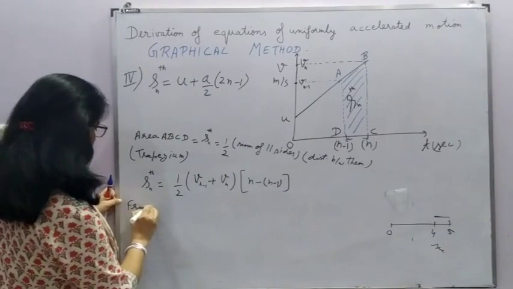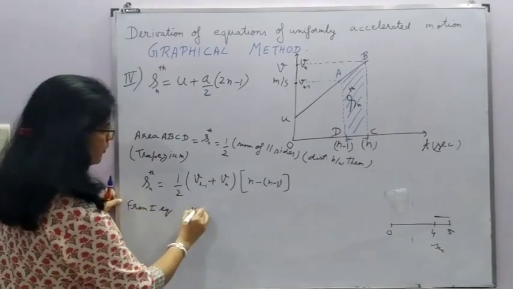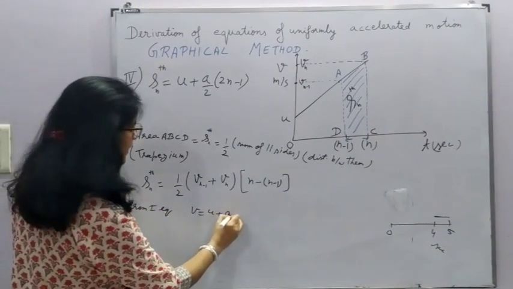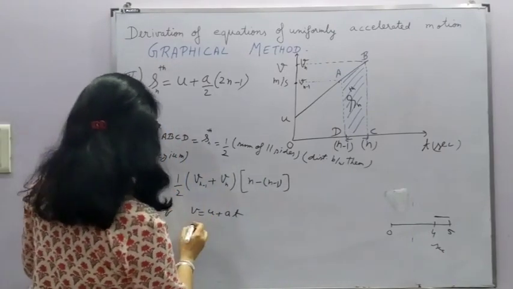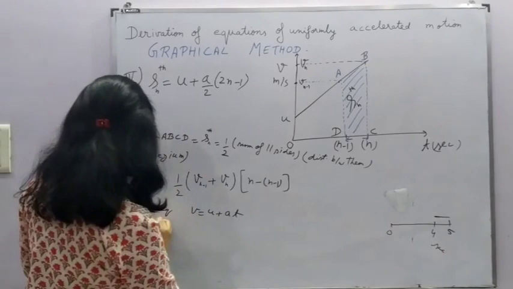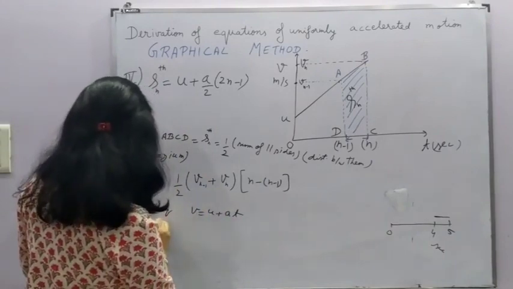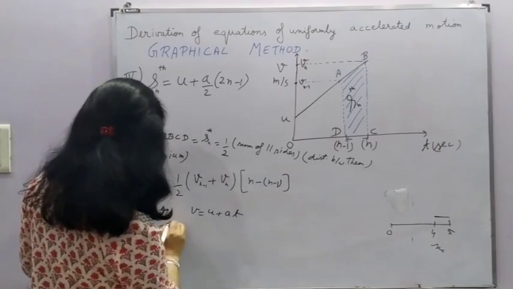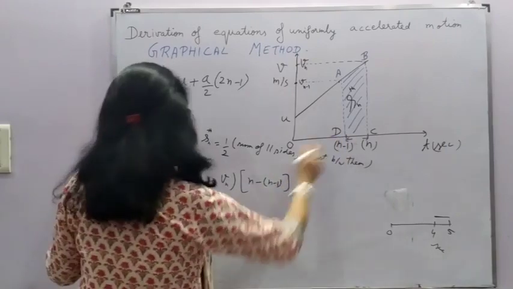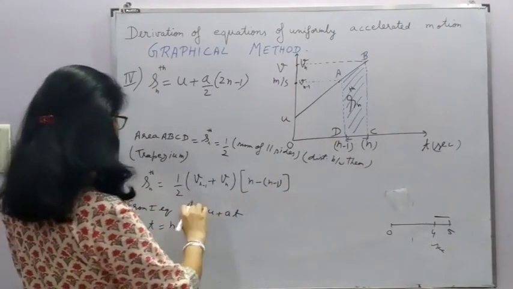Now from the first equation, V is equal to U plus AT, right? So here initial time is n minus 1, right? And final time is n.